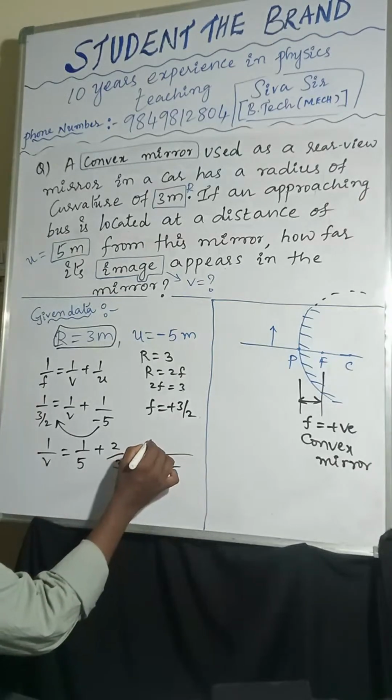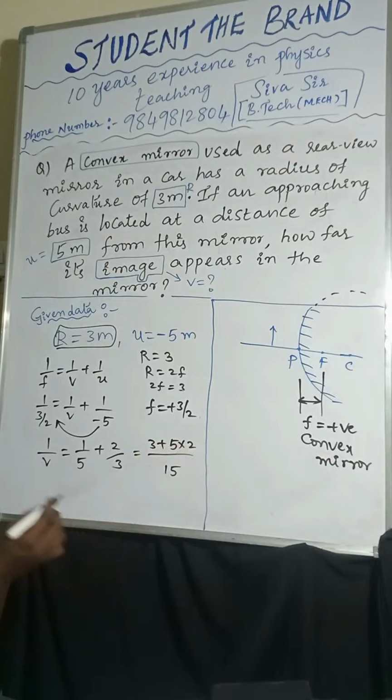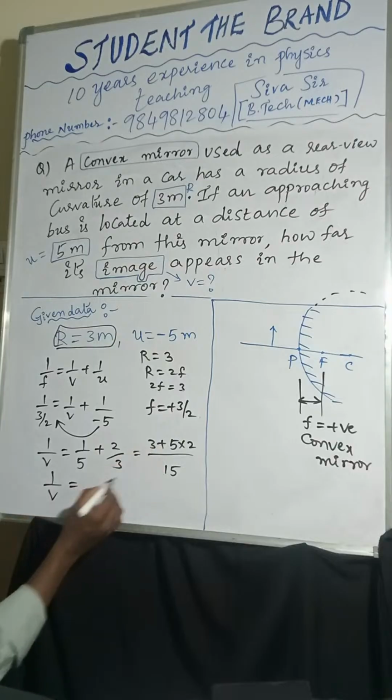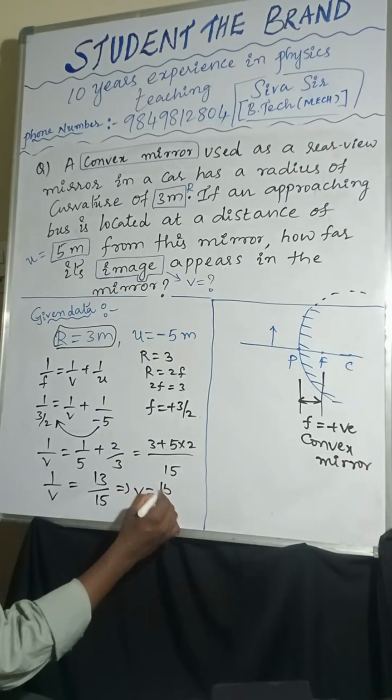So 1 by v equal to 13 by 15, so v equal to 15 by 13.